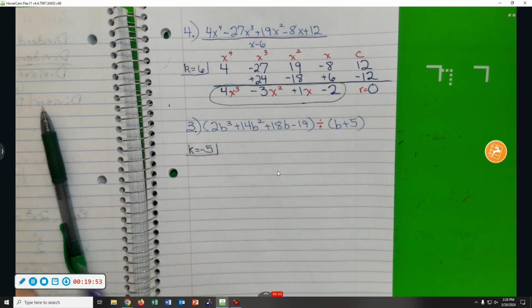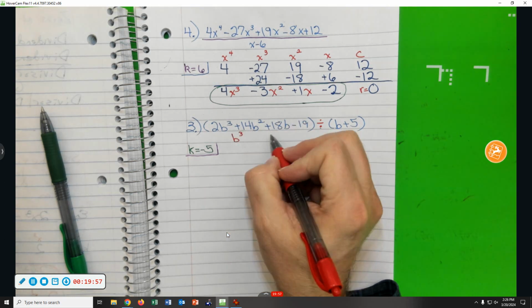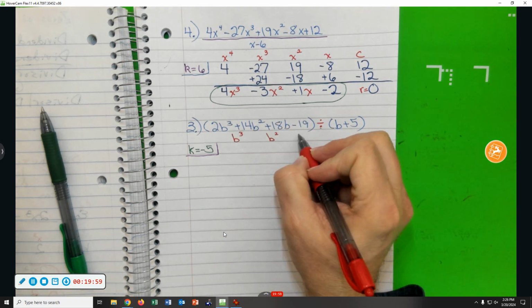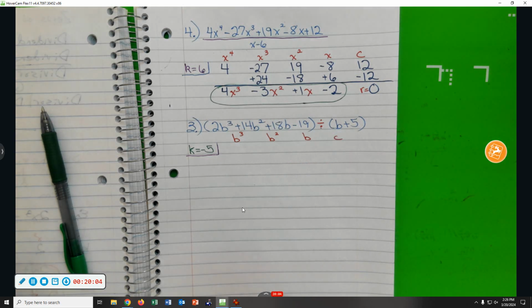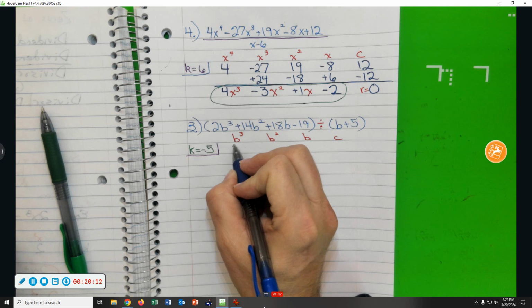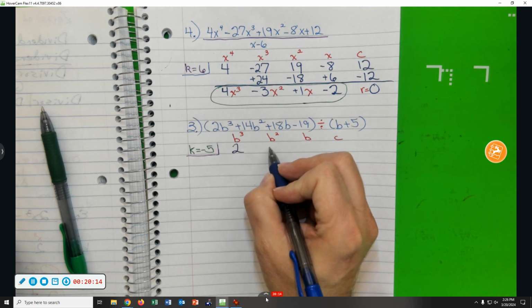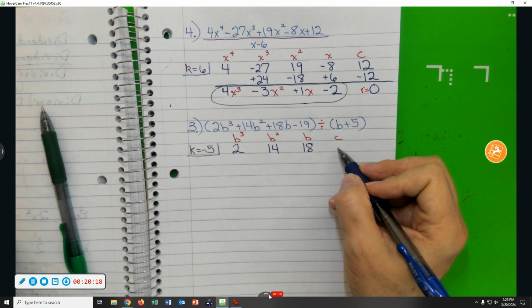Okay, so we have a b cubed, a b squared, a b, and then a constant. Now we fill in the coefficients. I'm waiting. 2, 14, I agree. 18, and then a negative 19.